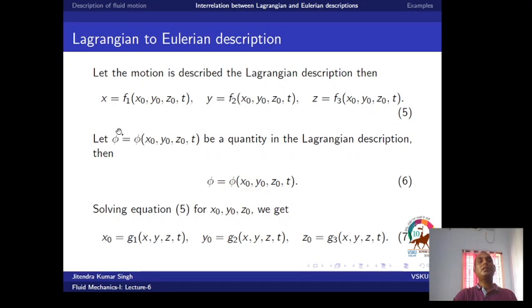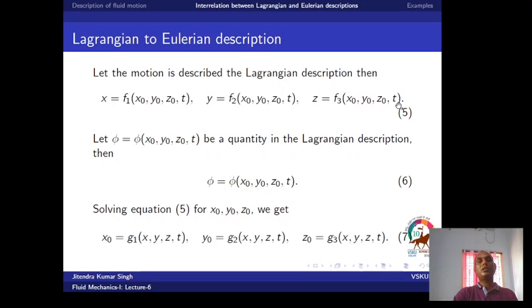Now suppose phi be a quantity in the Lagrangian description. So this phi must be a function of the initial position x naught, y naught, z naught, and t. So phi is given by equation number 6. Now we shall solve equation 5 for x naught, y naught, and z naught. That solution for x naught, y naught, z naught must be a function of x, y, z, and t.